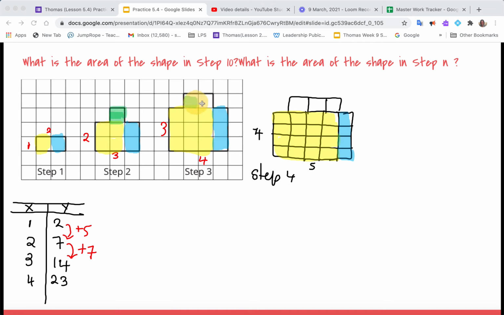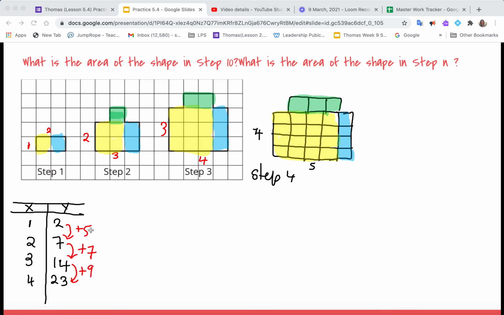This is my step number minus 1. This is my step number minus 1. So let's go back. This is growing by adding 9.